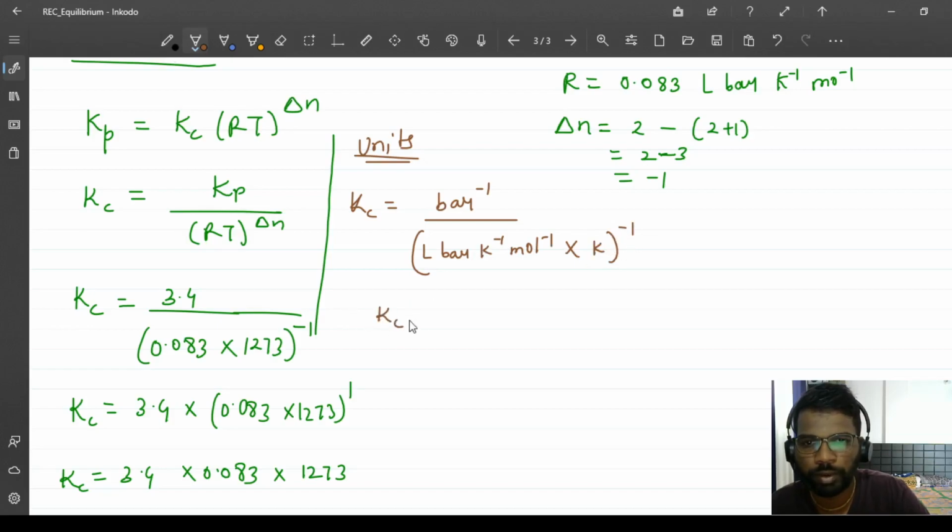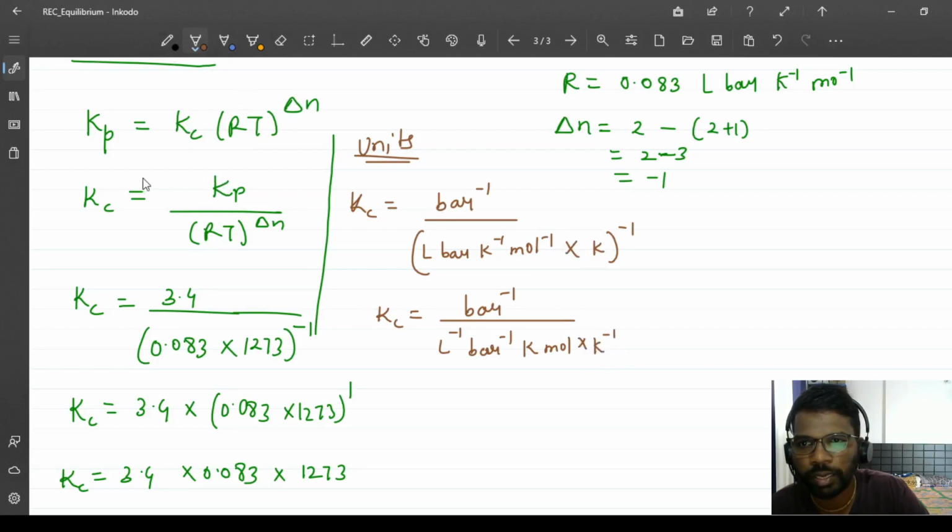So therefore Kc will be is equal to per bar. If I open this bracket, then it will be per liter per bar, like bar raised to minus 1. This minus 1 will change to Kelvin, and this will be raised to mole. Minus 1 and minus 1 will change to mole, and this will be Kelvin raised to minus 1.